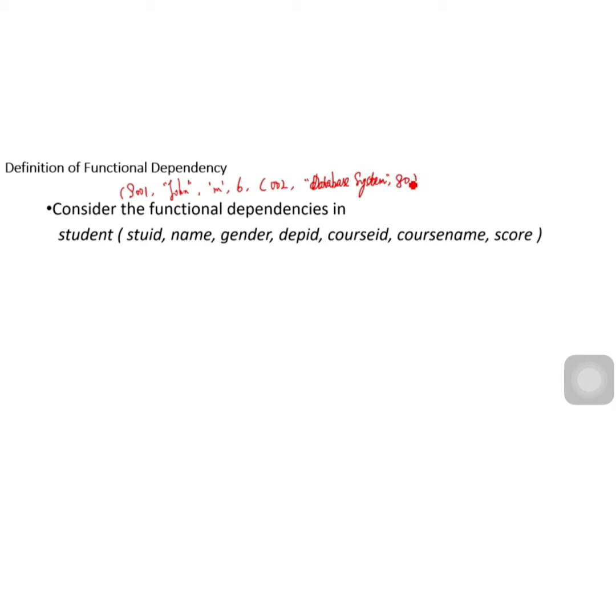Okay, if this is a sample in this relation, then this is the student ID, and student ID will identify only one student, and the name John is the name of the student. He is a boy, and he studies in the department 6. 6 is the ID of the department, and the department ID identifies a department.